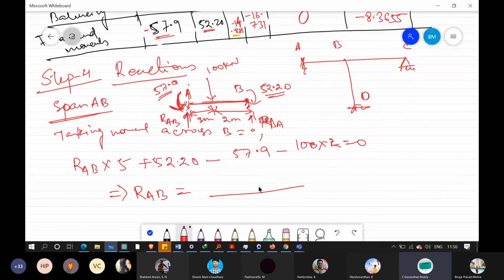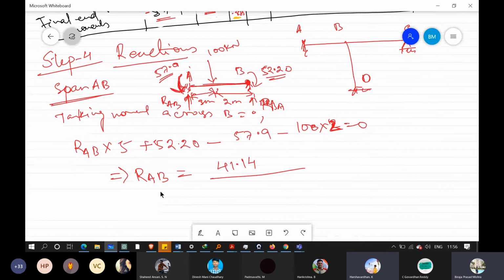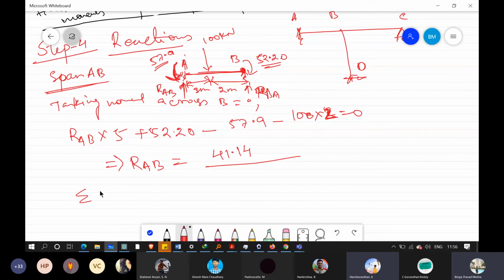Sir, 100 into 3? No, I'm taking moment about this one. Okay, sir, RA, I think 41.14. So if RA is 41.14, RB is 58.86. Sigma Fy equals to 0, this implies RAB plus RBA equals to 100.